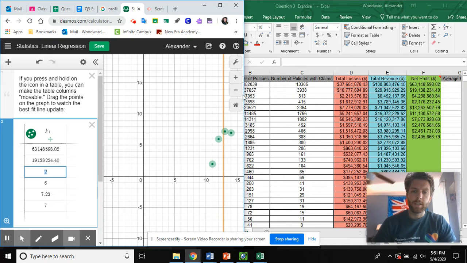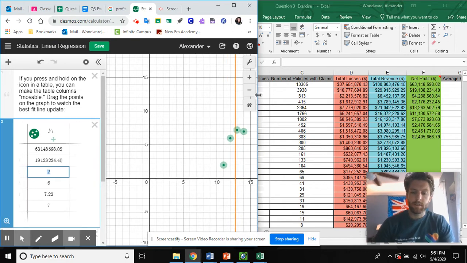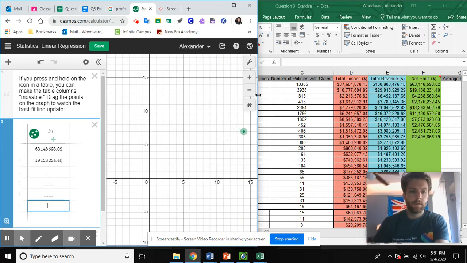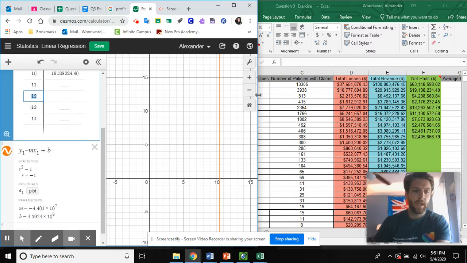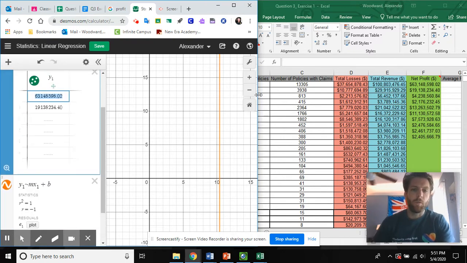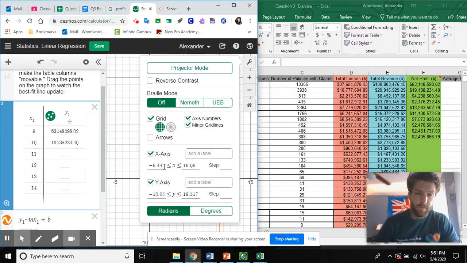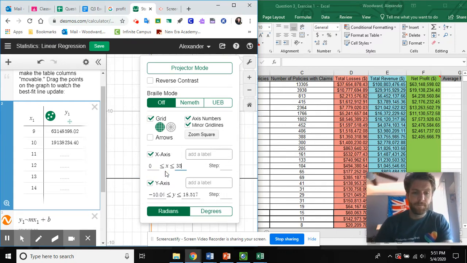So to adjust the scale for your graph when you're doing this, you're going to have to make sure that your Y values go all the way up to 63 million. For X, I'll go 0 to 35. That's my SDIP level.